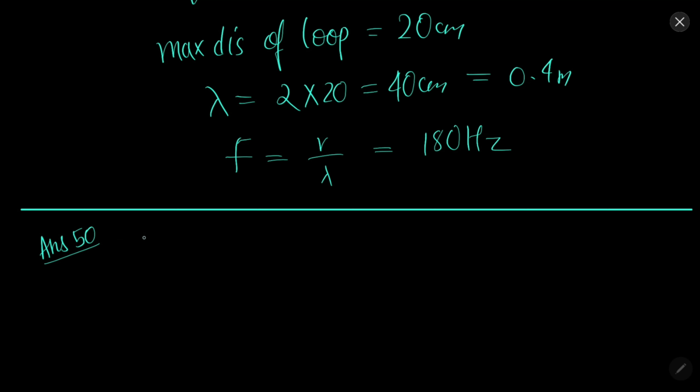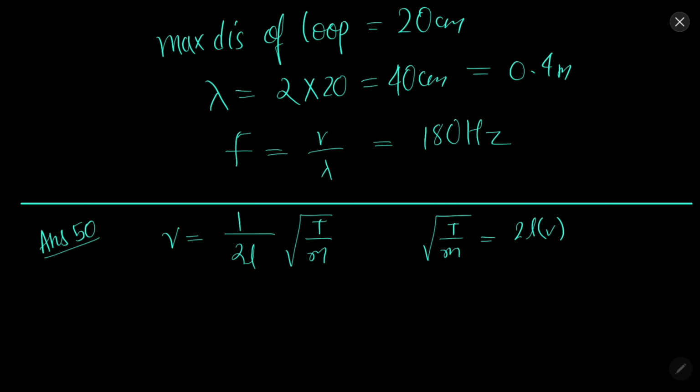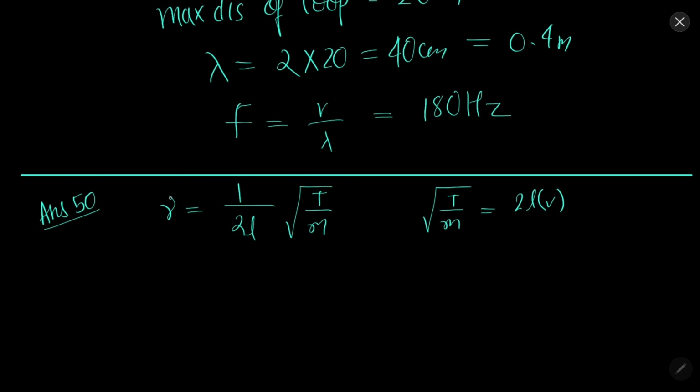Solution 50. So what do we have? First of all, we know that the frequency is 1 over 2L root T over M. So root T over M equal to 2L into F. Sorry, this is frequency.